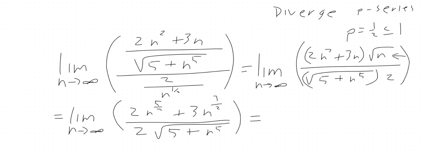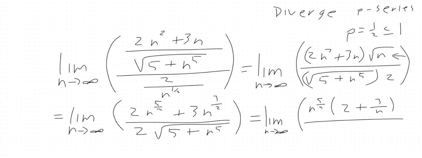We have a couple ways to handle this. You could try L'Hopital's rule, but that square root's going to cause you some issues. So let's try to factor out an n to the 5/2 power. Here we get 2 plus 3 over n on top.